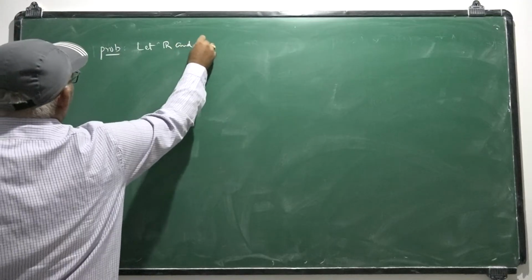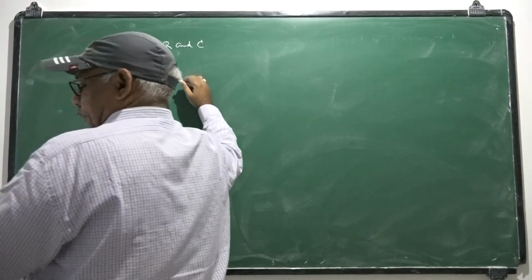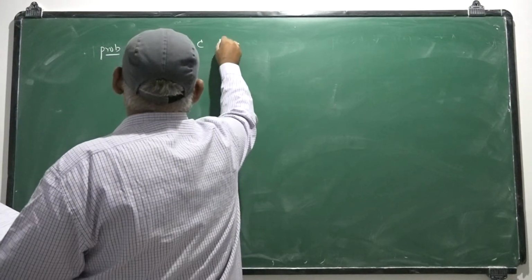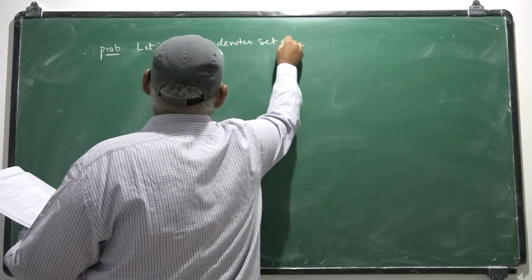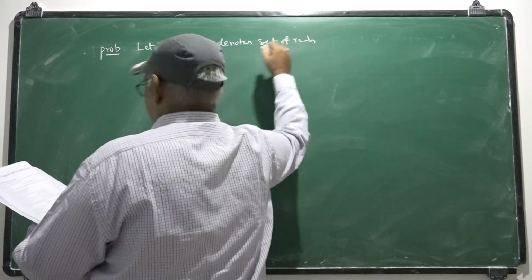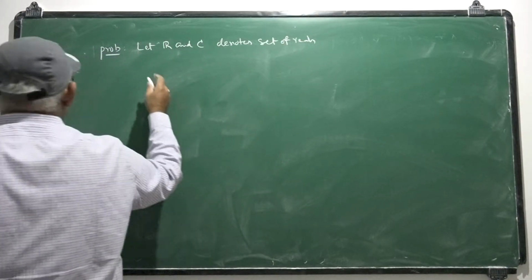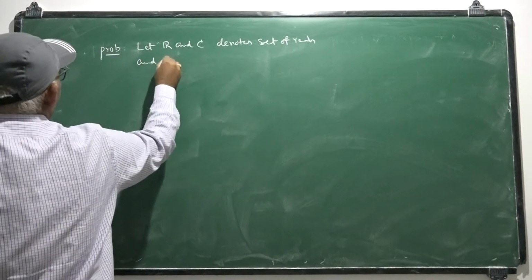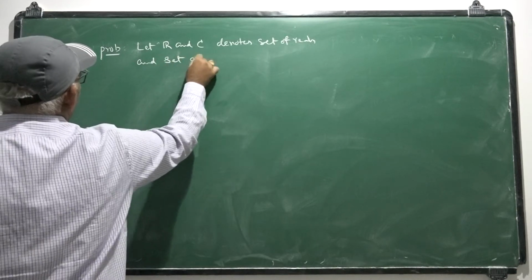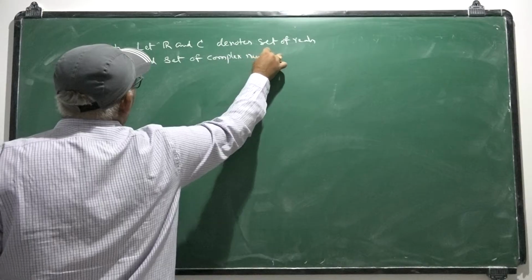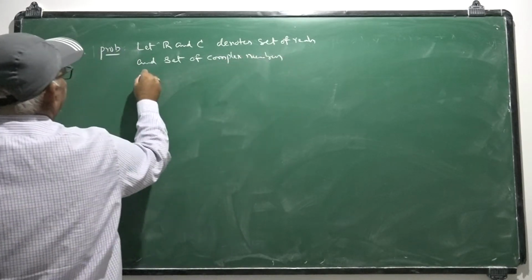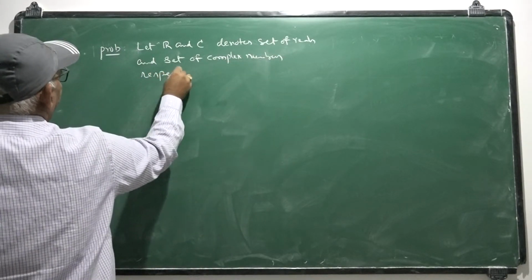R and C denote the set of reals and the set of complex numbers respectively.